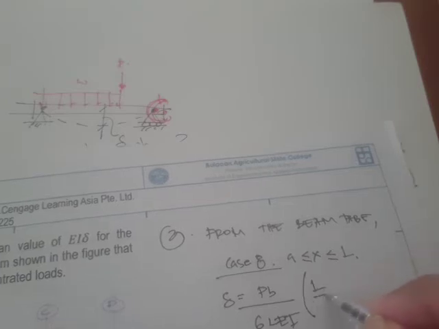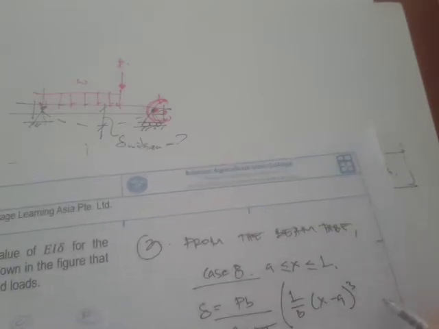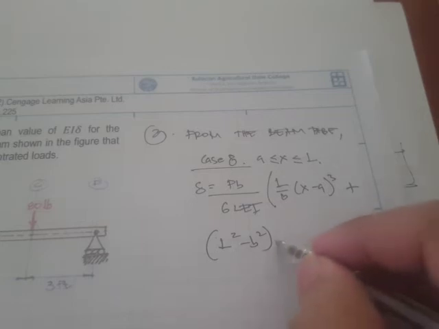Okay, so case 8, and a is less than or equal to x, and x is less than or equal to L, and the expression is P over 6L EI times, plus L squared minus B squared times x minus x cubed.